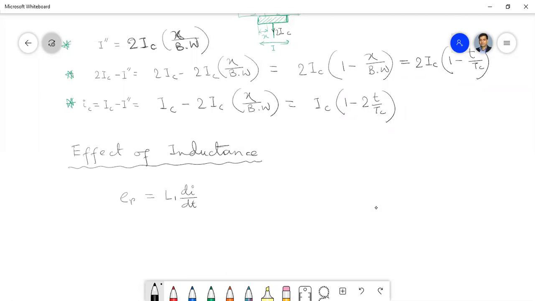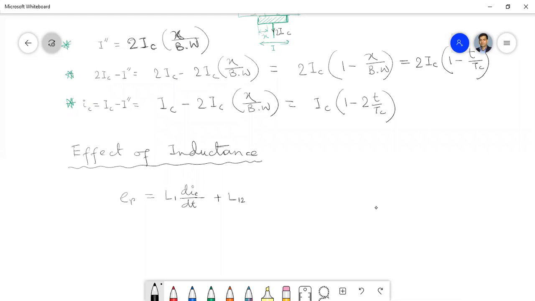Now what is this current? This current is the IC, the coil current flowing through the coil going under commutation. Now the second term which will come is due to the mutual inductance. Mutual inductance means the inductance between coil 1 and, if another coil is also going under commutation, coil number 2.